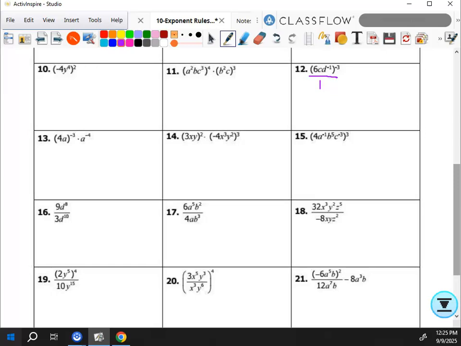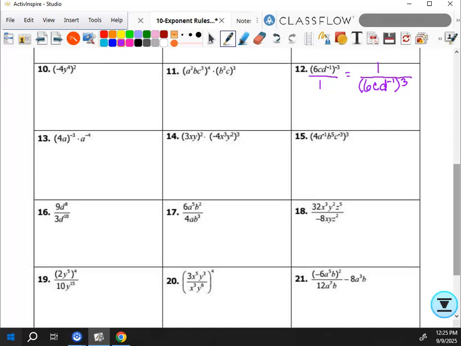Since this whole thing is to a negative power, I'm going to make this into 1 over 6c times d to the negative 1 power to the 3rd. Notice when I did that, that negative 3 became a positive 3. It did not affect the negative 1 because it's inside there. You with me on that?